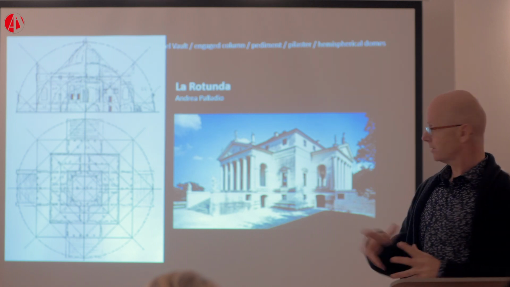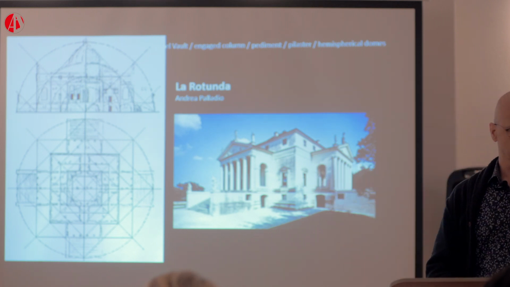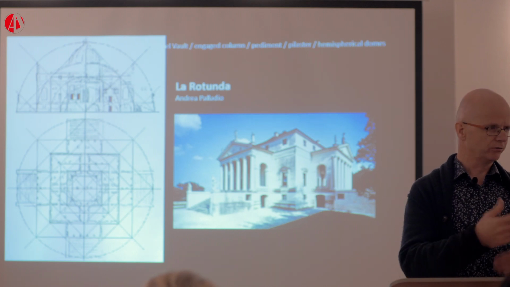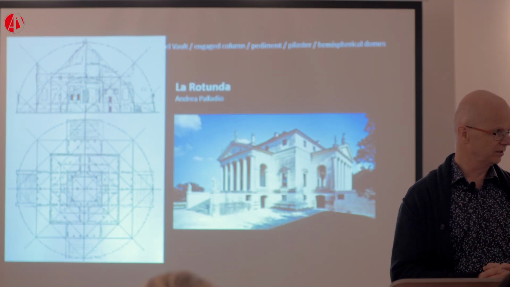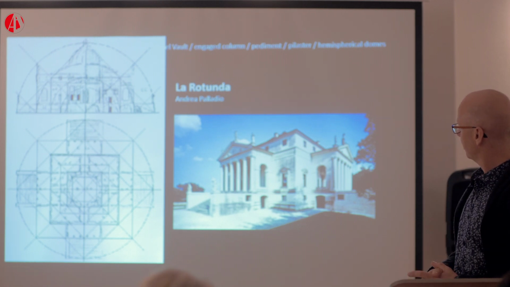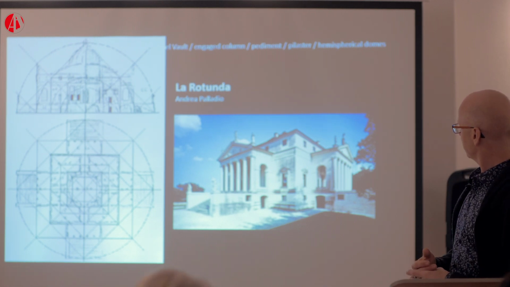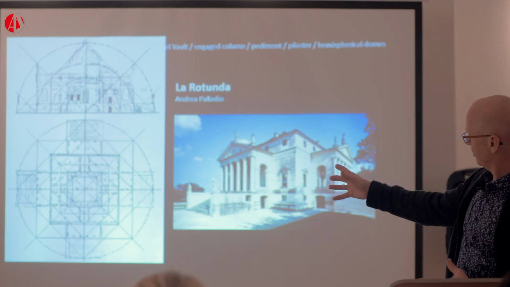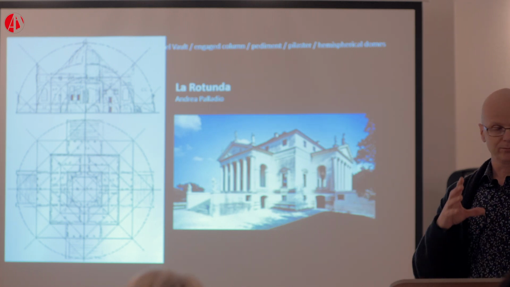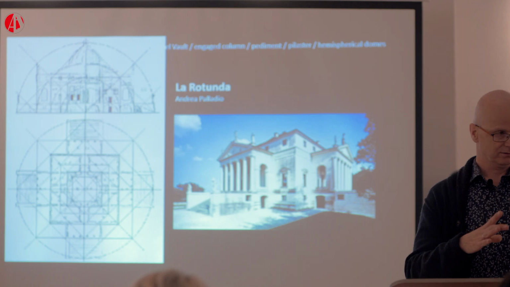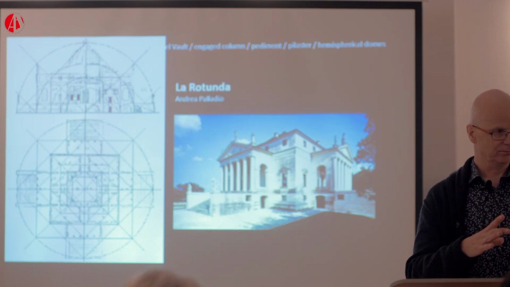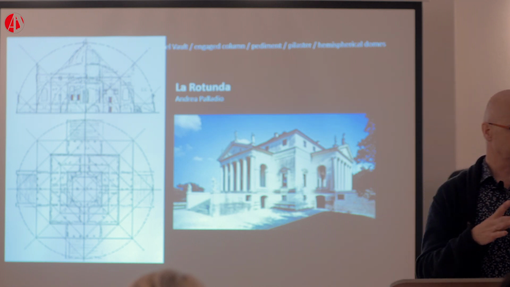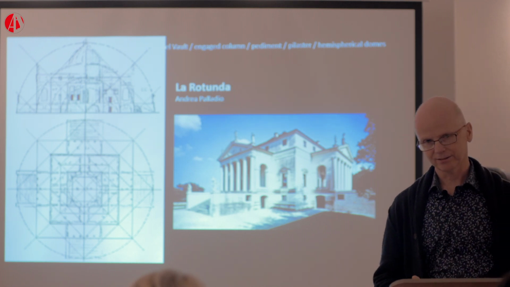Palladio did the same, went back to Vitruvius, went back to antiquity, and started to rediscover how you did the proportion. He was a mathematician as well, so you can see it's so well planned, and it's totally symmetrical in everything he is doing. But that was what they believed: if it's perfect symmetry, you will relax.